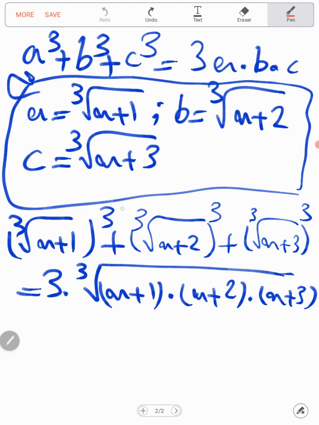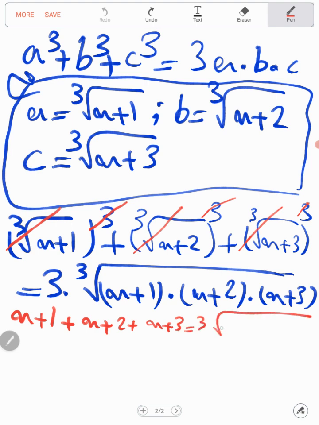I mean we can cancel out this power of 3 with the cube root of x plus 1, and likewise for the others, and we can have x plus 1 plus x plus 2 plus x plus 3 is equal to 3 times the cube root of x plus 1, x plus 2, x plus 3.